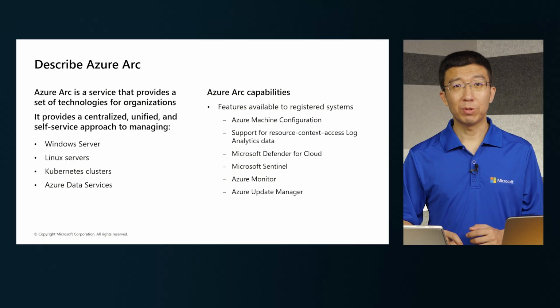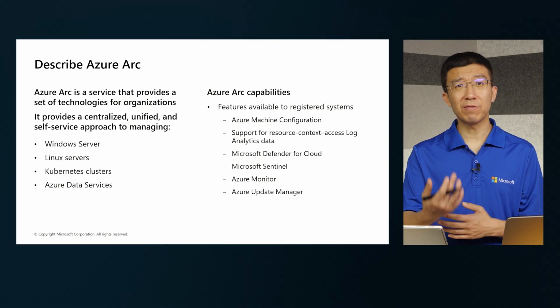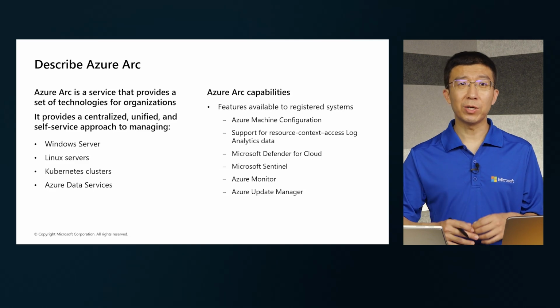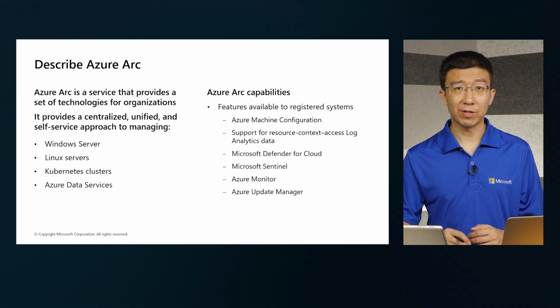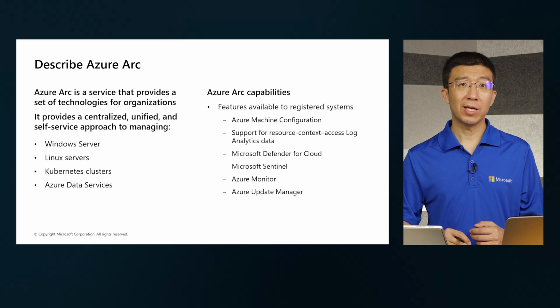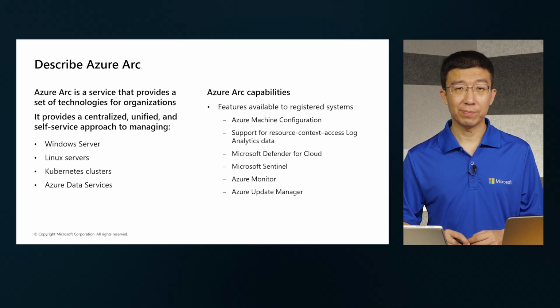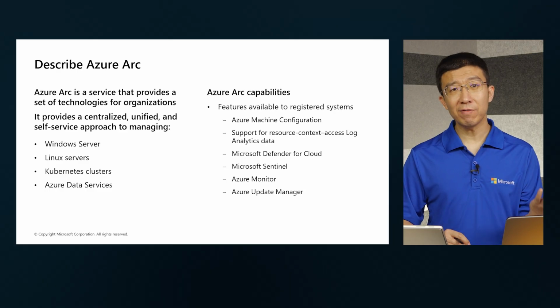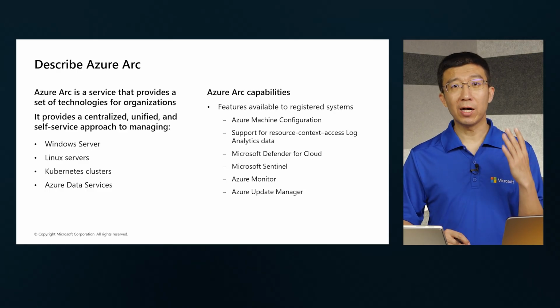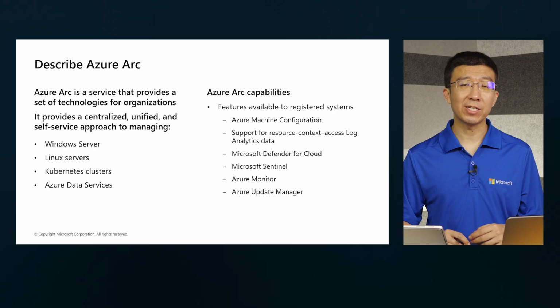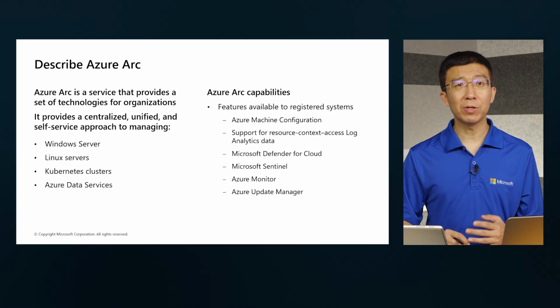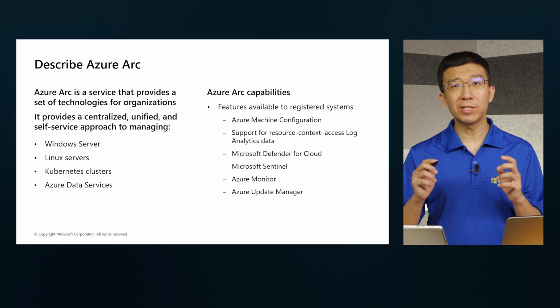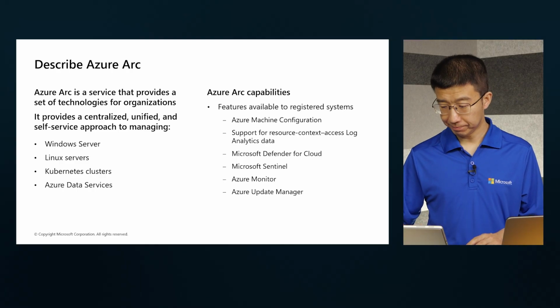Azure Arc provides a centralized, unified, and self-service approach to managing Windows Server, Linux Server, Kubernetes clusters, and Azure data services. It extends cloud practices like DevOps and security to on-prem, multi-cloud, and edge environments, and enables companies to run Azure data services anywhere.